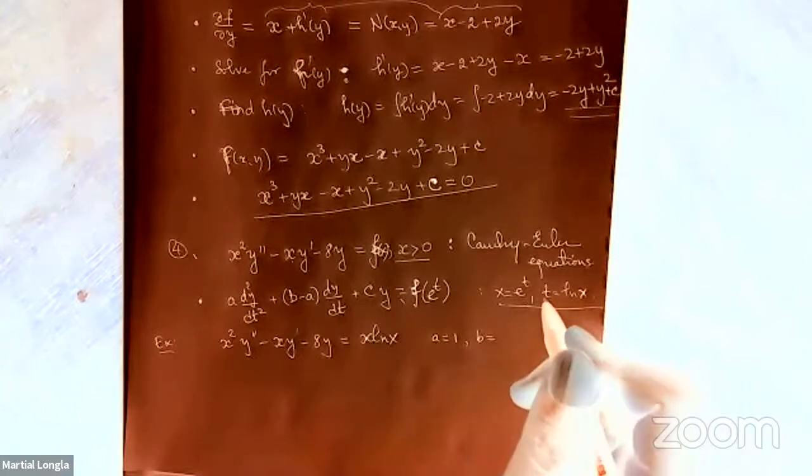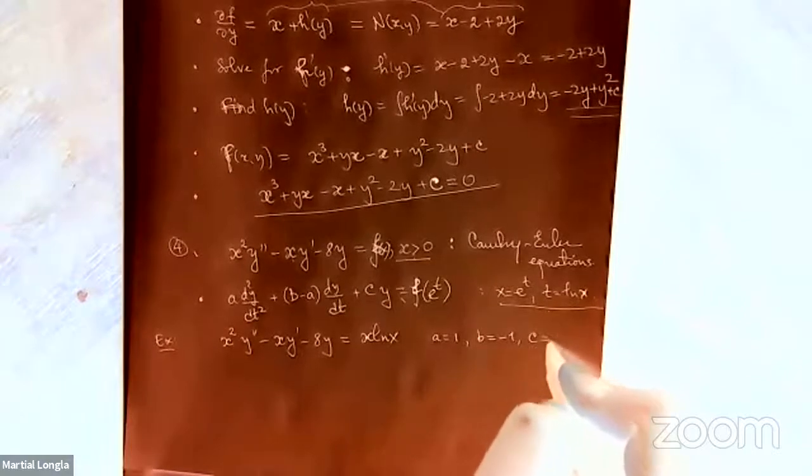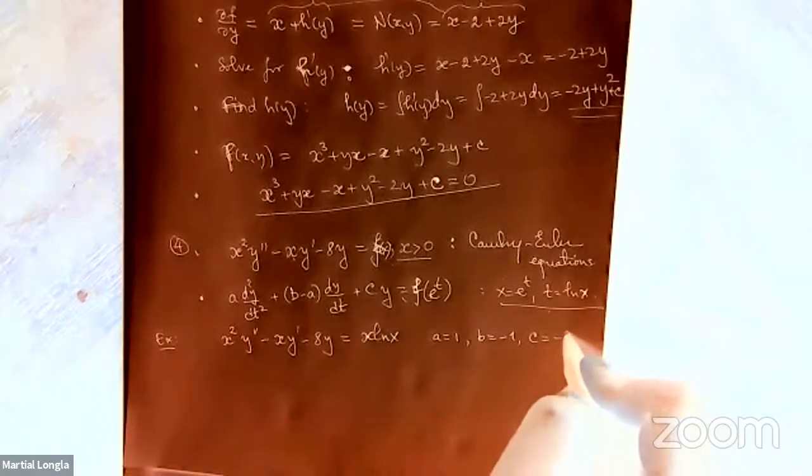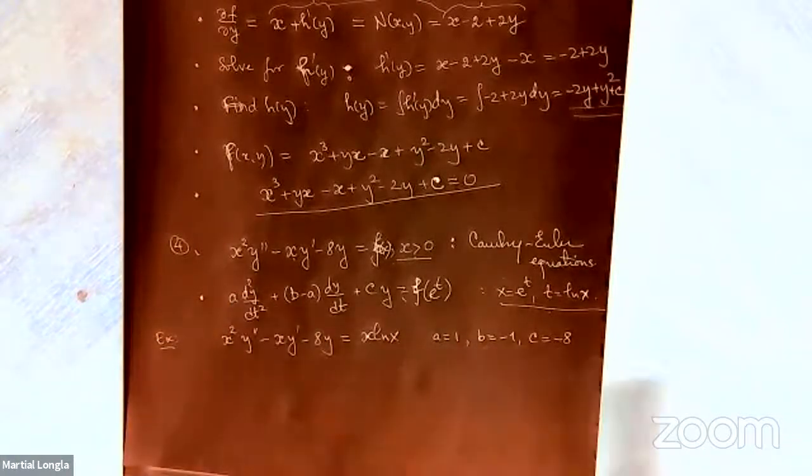Oh, wait, is b just -1? -1. And c? Oh, -8. -8, that's it. So you're going to write that equation using those numbers.